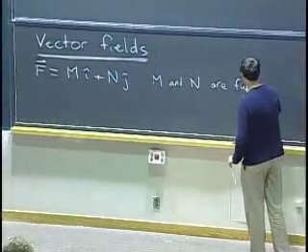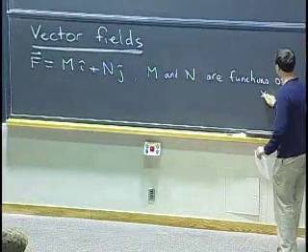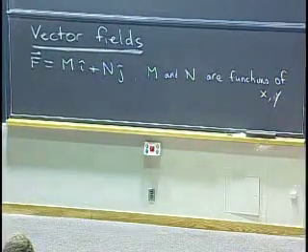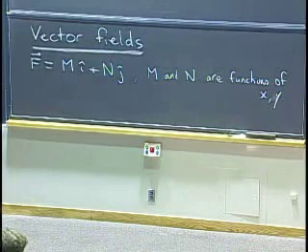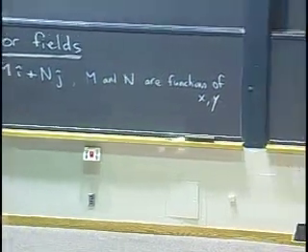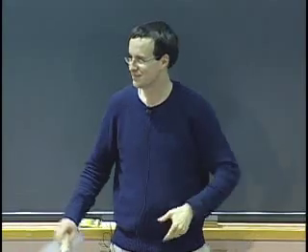So they are functions of x and y. What that means concretely is that at every point in the plane, you have a vector. Okay? So in a corn field, everywhere you have corn. In a vector field, everywhere you have a vector. That's how it works.